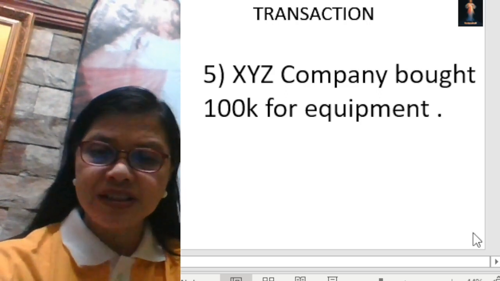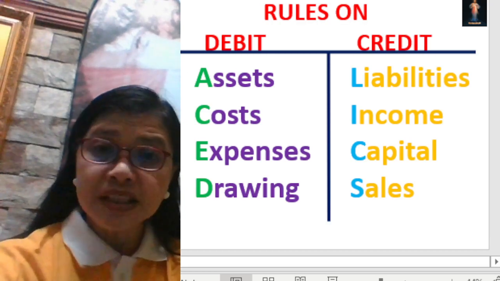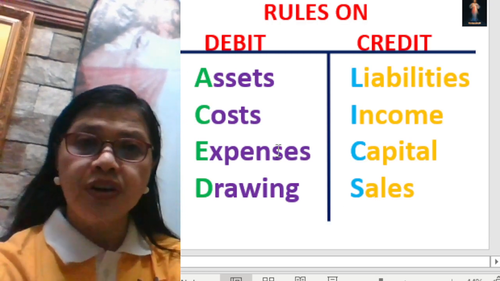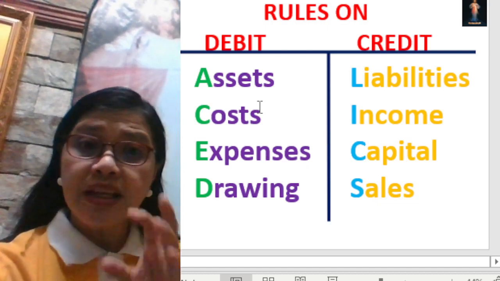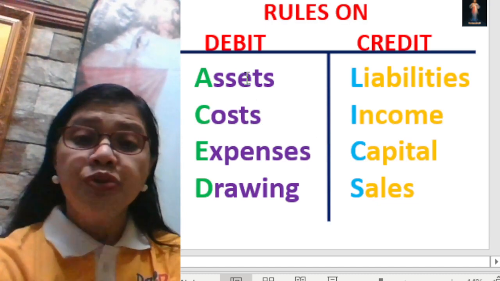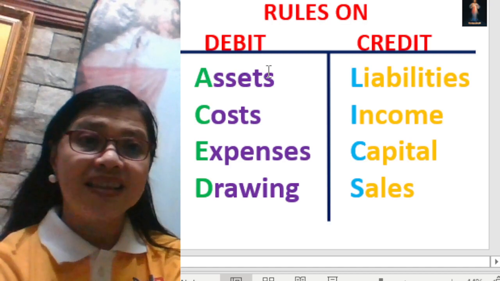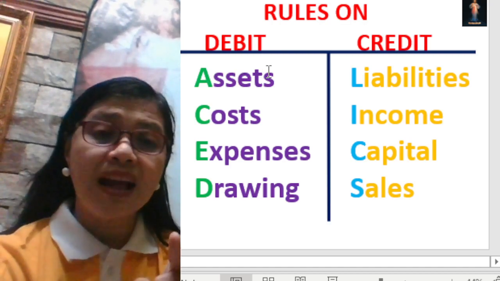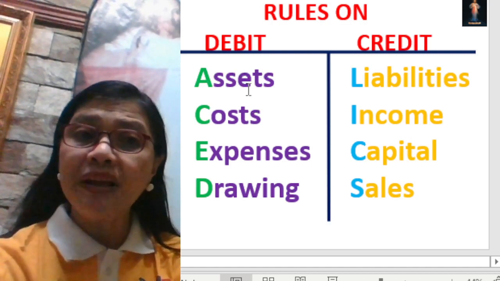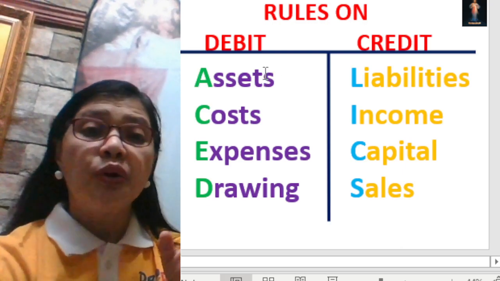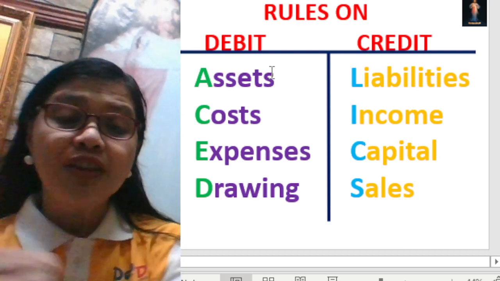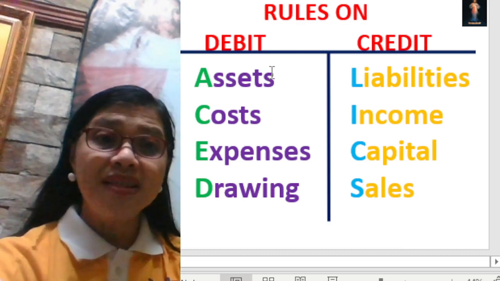So let's do the journal entry. Let's see again your rules on debit and credit. When you bought an equipment, what happens? There is an increase in asset in the form of equipment. However, there will also be a decrease in another form of asset, which is called cash, because you need to pay for the equipment that you bought.